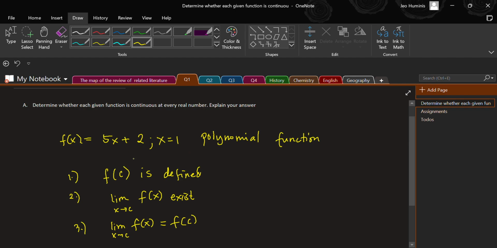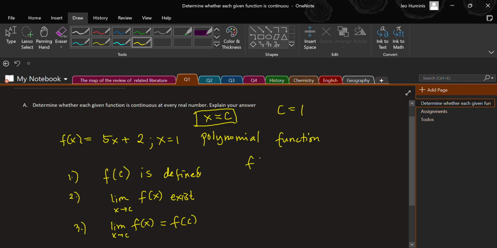It satisfies the property of a polynomial function that this function right here is continuous. What is f of c? Since x is just equal to c, our c is just equal to 1. All you have to do is just plug in the value of c to our function.